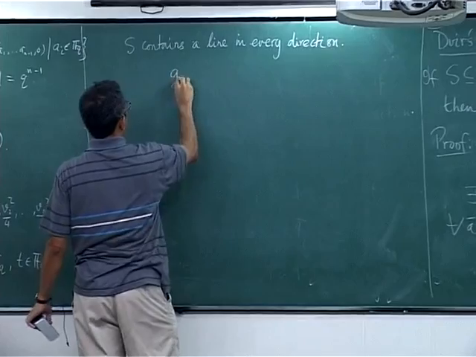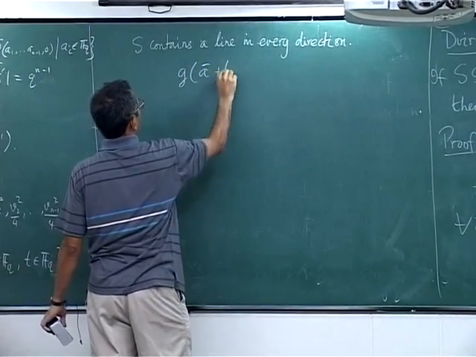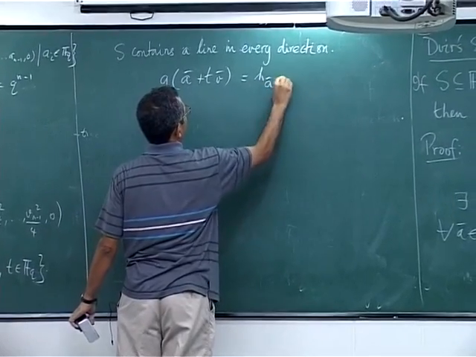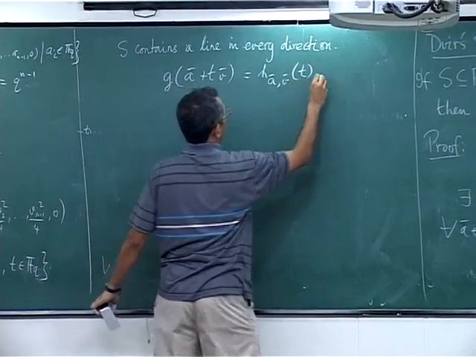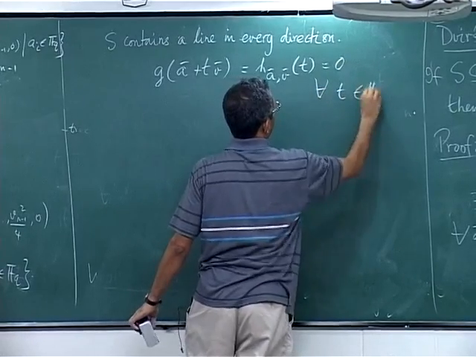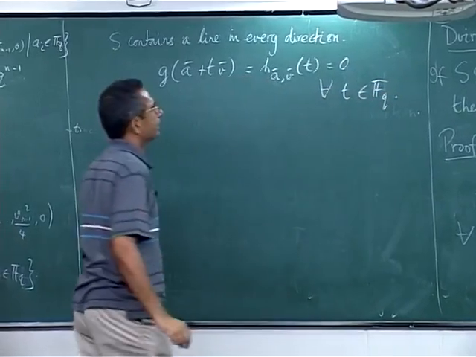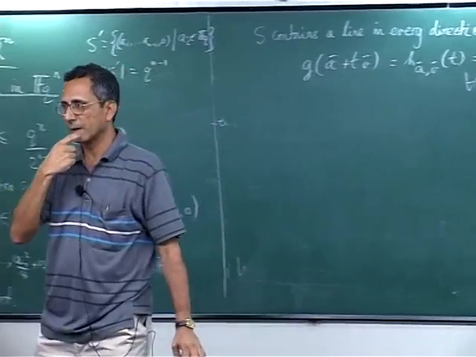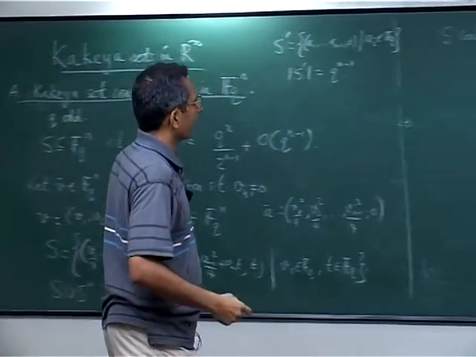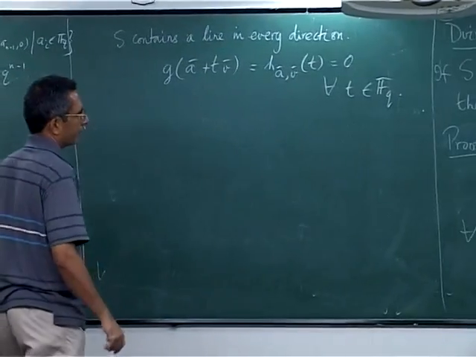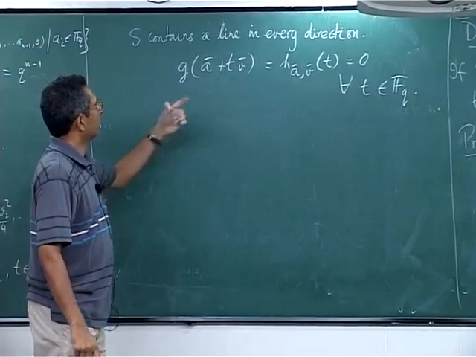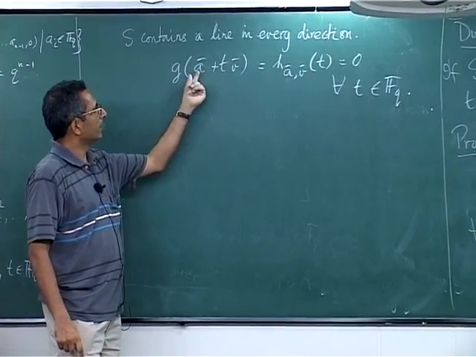So I know that G of A bar plus V bar T is 0 for all T in FQ. Now, look at this polynomial.